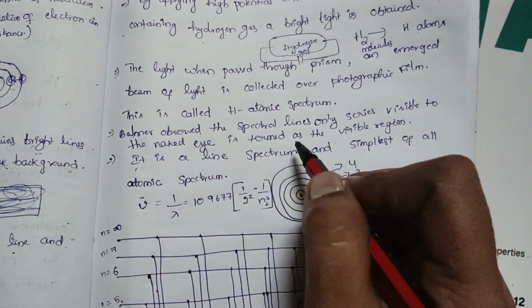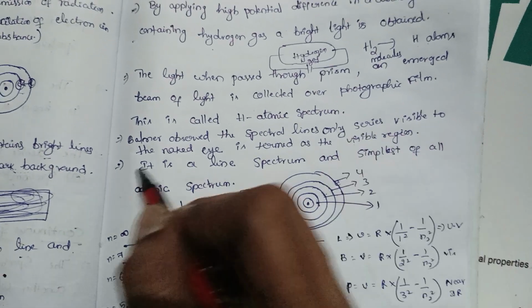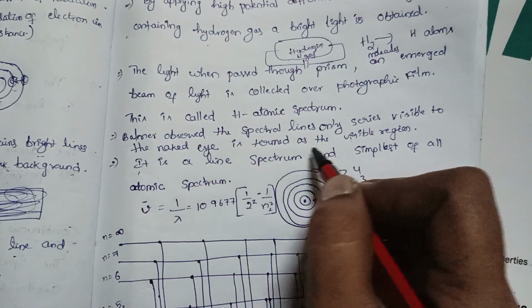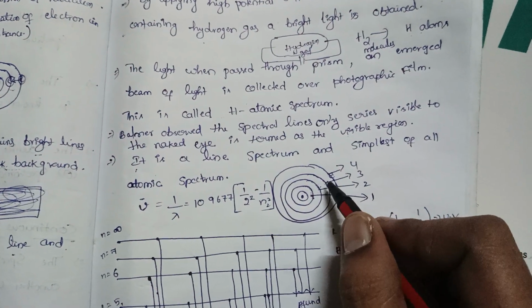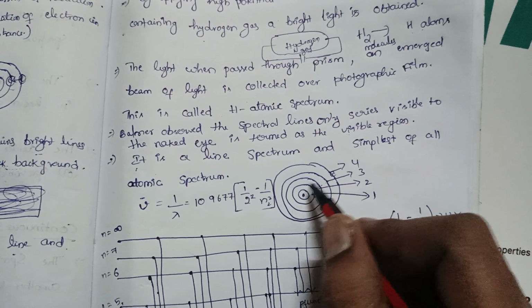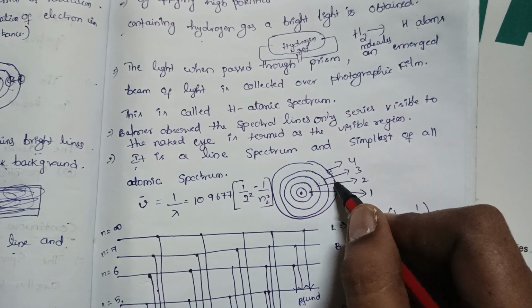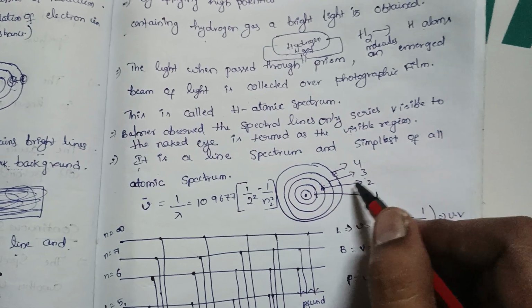For the first time, Balmer observed the spectral lines. The series visible to the naked eye is termed the visible region. That series is the Balmer series. When electrons jump to the second orbit, it is called the Balmer series.